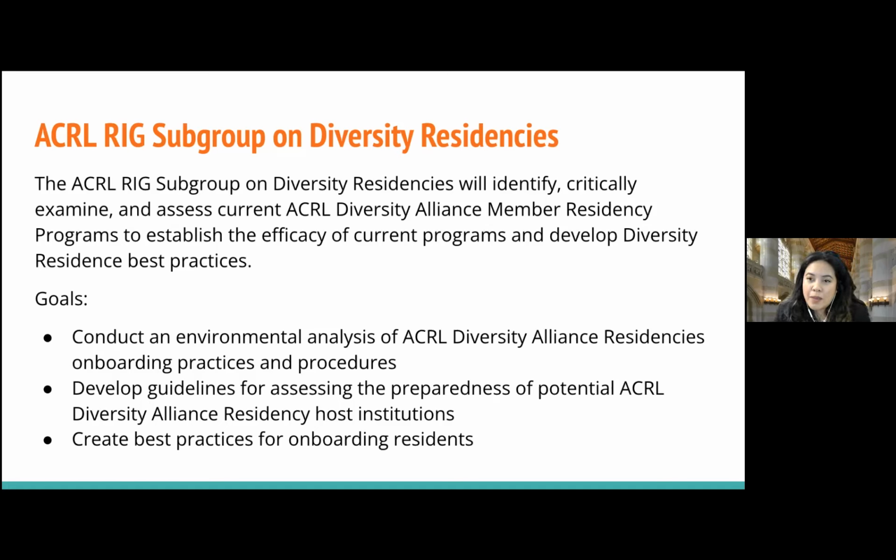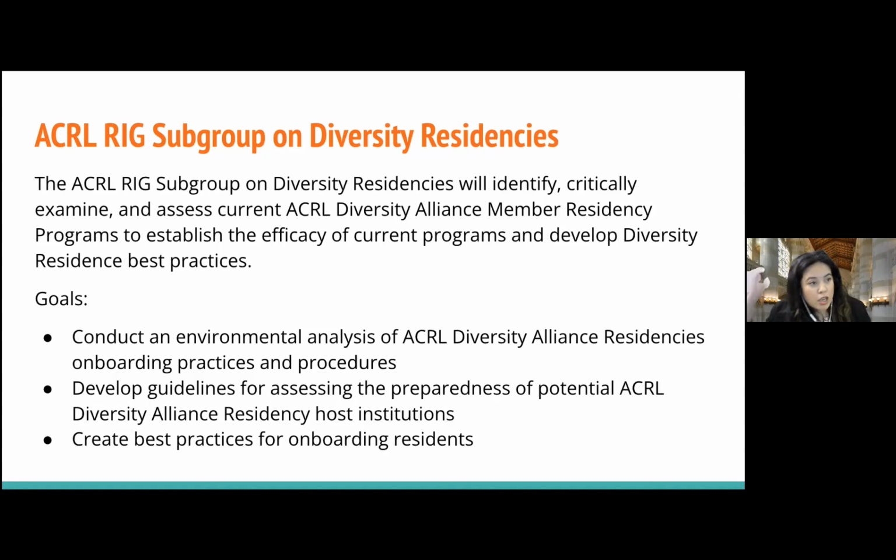And as these commitments are set by the Diversity Alliance, as residents, we did not feel empowered to make changes to these commitments. So we took it upon ourselves to develop the means and the tools to formalize residencies.